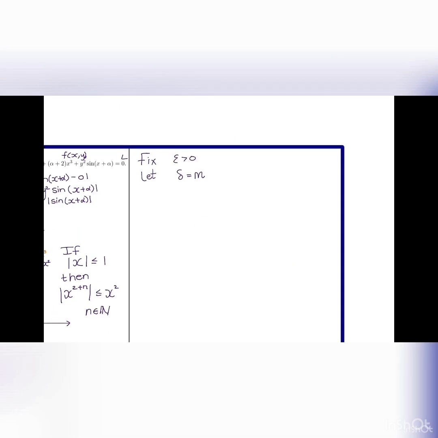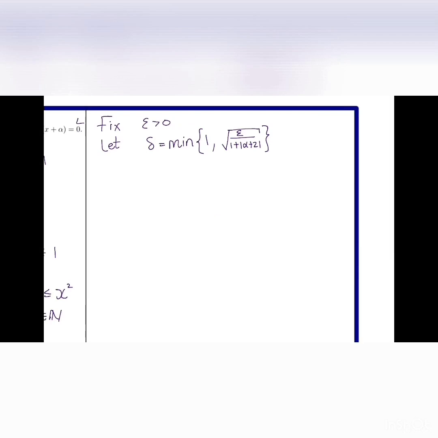After some playing around, you can think about what you need to pick delta to be, and my guess would be the square root of epsilon over this constant over here.